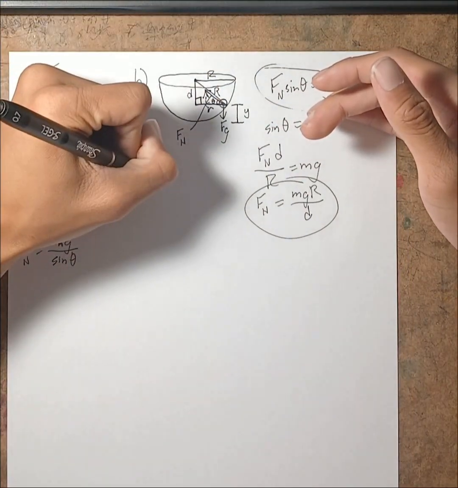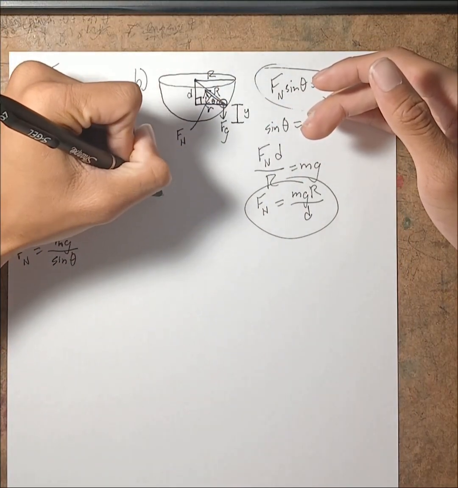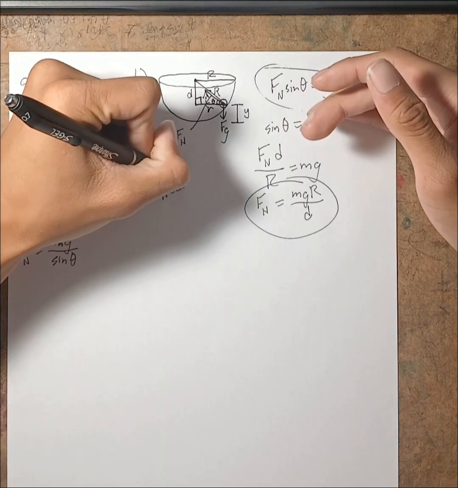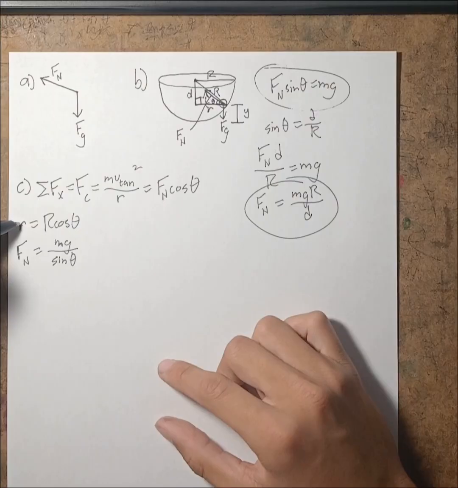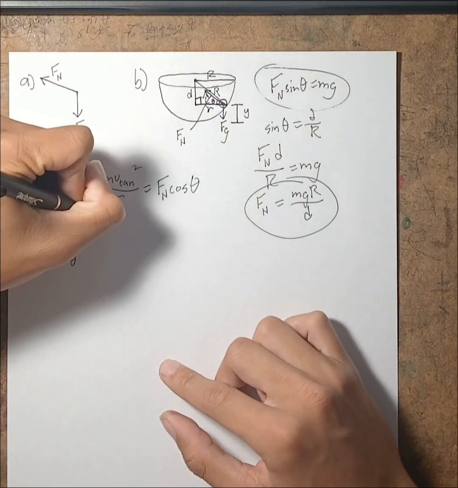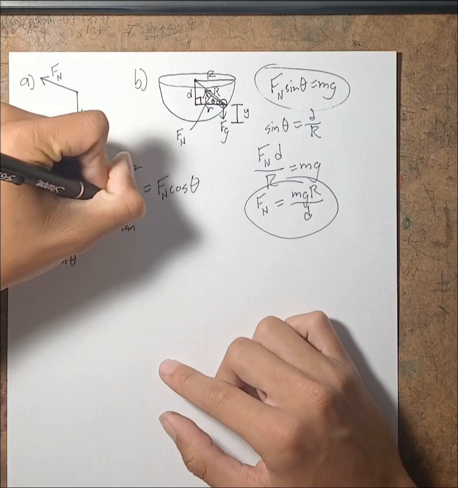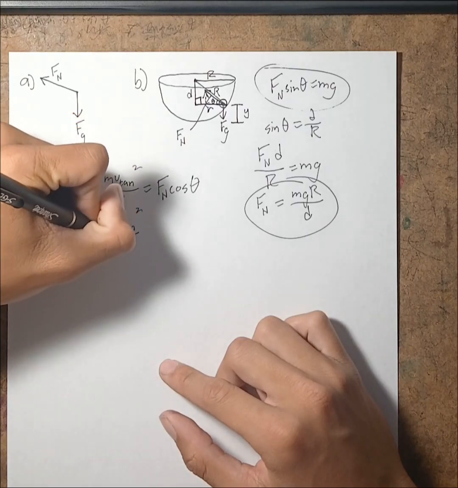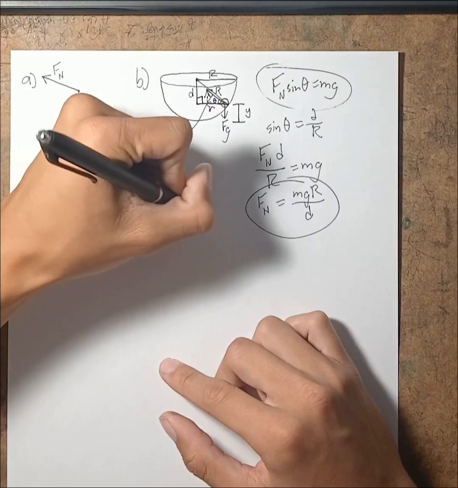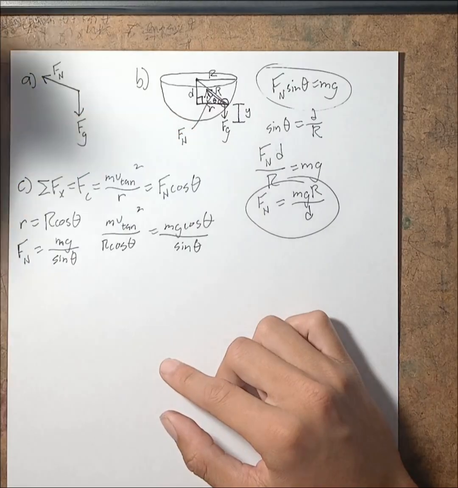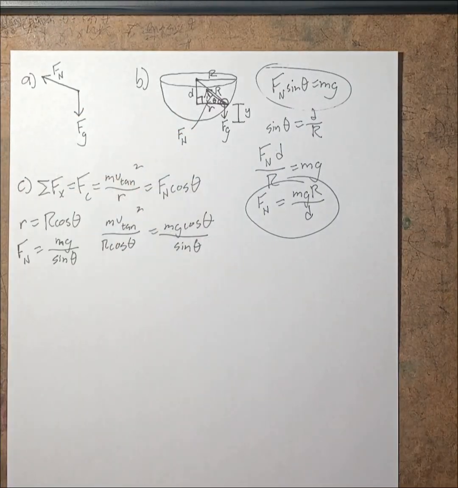And so the m v_tan squared over r can be set equal to F_N cosine theta, like that. And now we can make this substitution in for the little r here, and this substitution for the F_N here. And so m v_tan squared over big R cosine theta equals mg cosine theta over sine theta. Again, we're just making these substitutions.